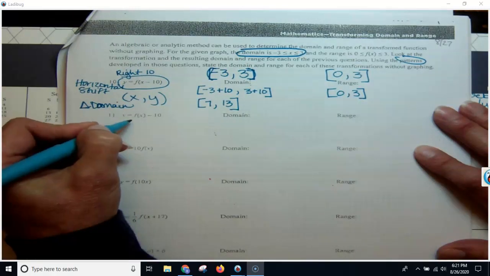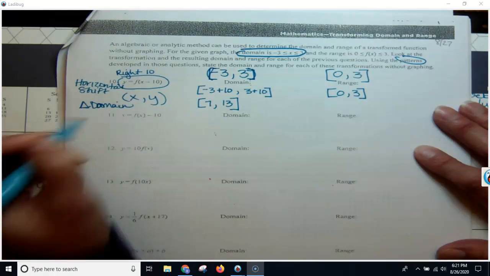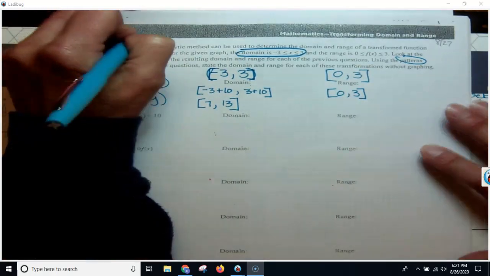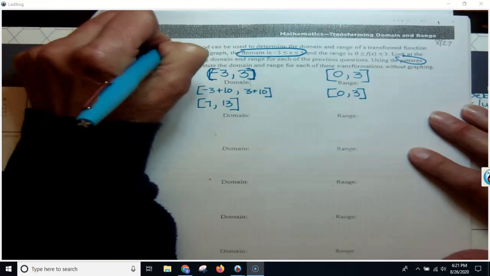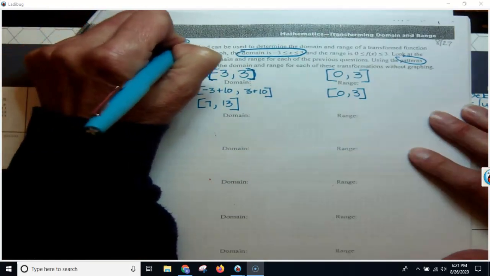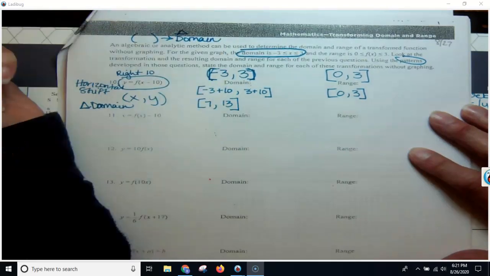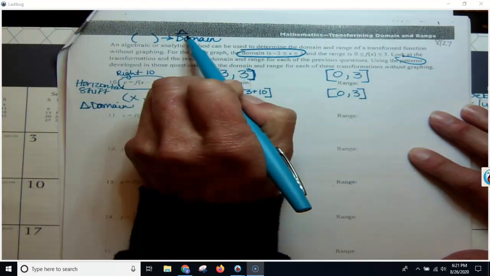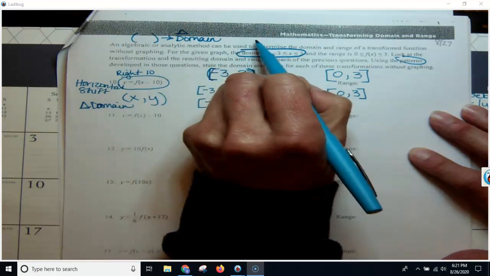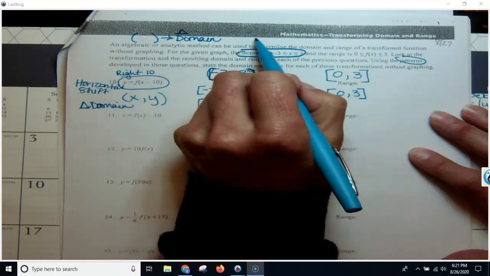What about this one? Well, now the range has changed, and the way you can tell is when it's in the parentheses, that is a domain change. The little triangle is called a delta, and that means change.